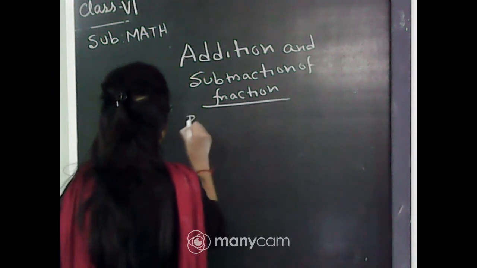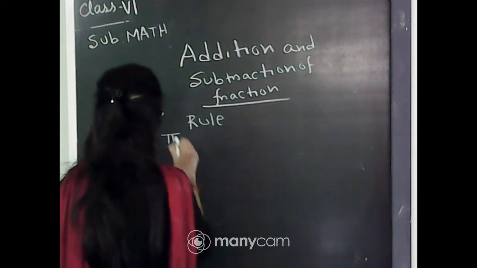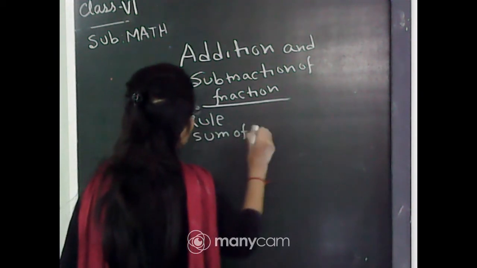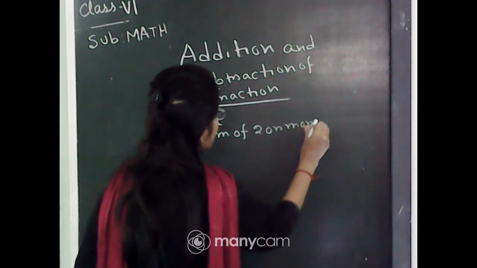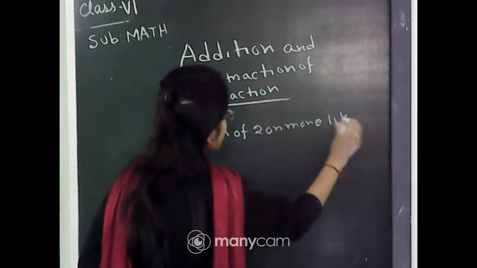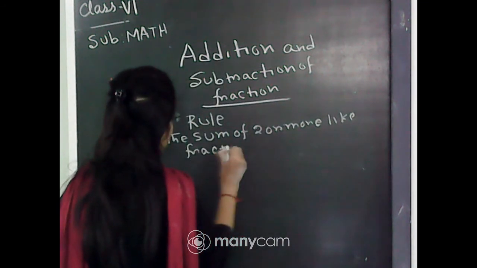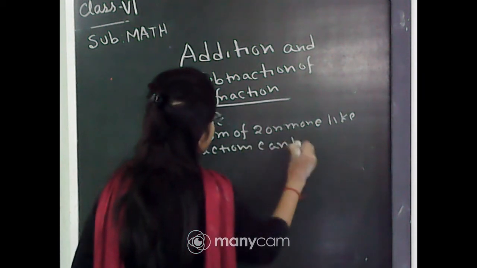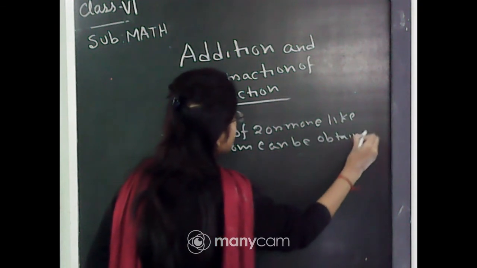And the rule is, the sum of two or more like fractions can be obtained as follows.